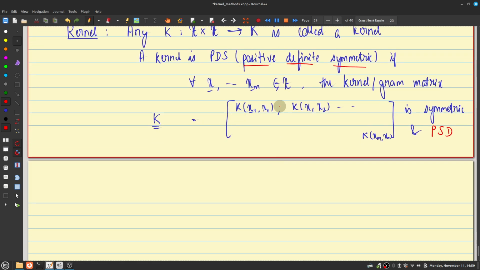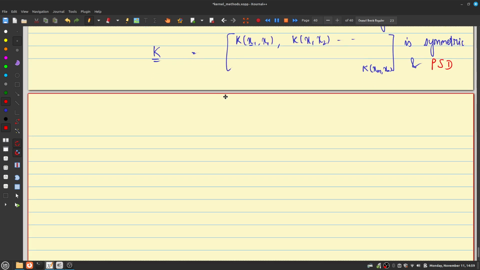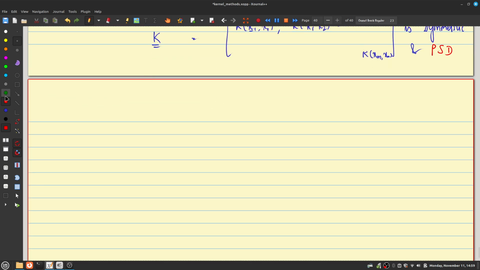Suppose that k of xi, xj is in fact an inner product. So let's take the following example where k of x, x prime is in fact a valid inner product.